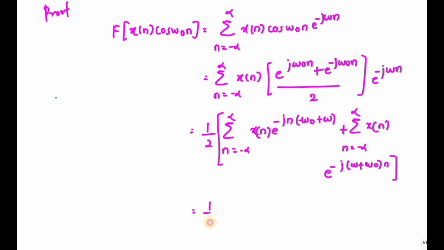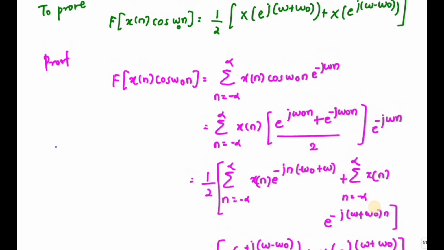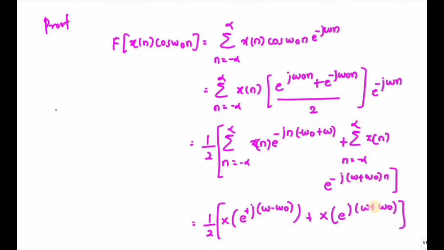So thus I can write it as X of e power j (omega minus omega naught) plus X of e power j (omega plus omega naught). So hence the proof. Both are the same.